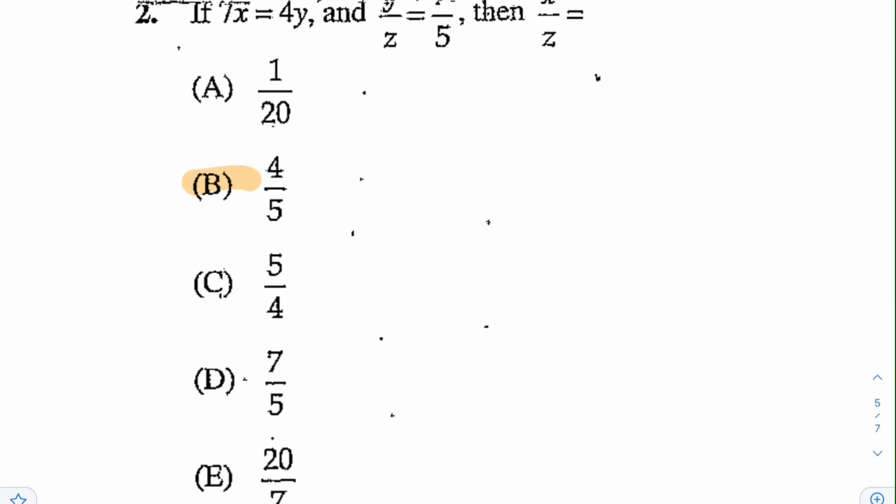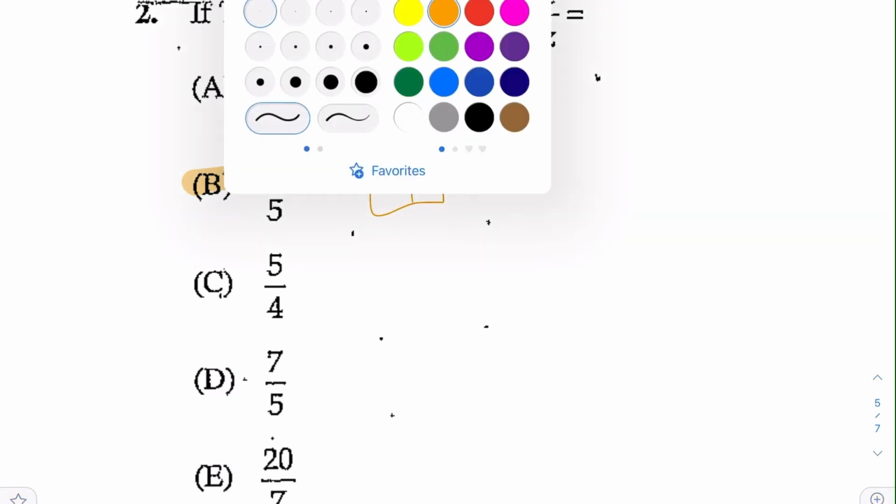Next for number 2, if 7x is equal to 4y, and y over z is equal to 7 over 5, then x over z is equal to. So you know that 7x is equal to 4y. Here you can isolate one of these variables. Specifically, you see y here, so let's get y by itself. You can divide by 4. So then you can substitute this y with 7x over 4.